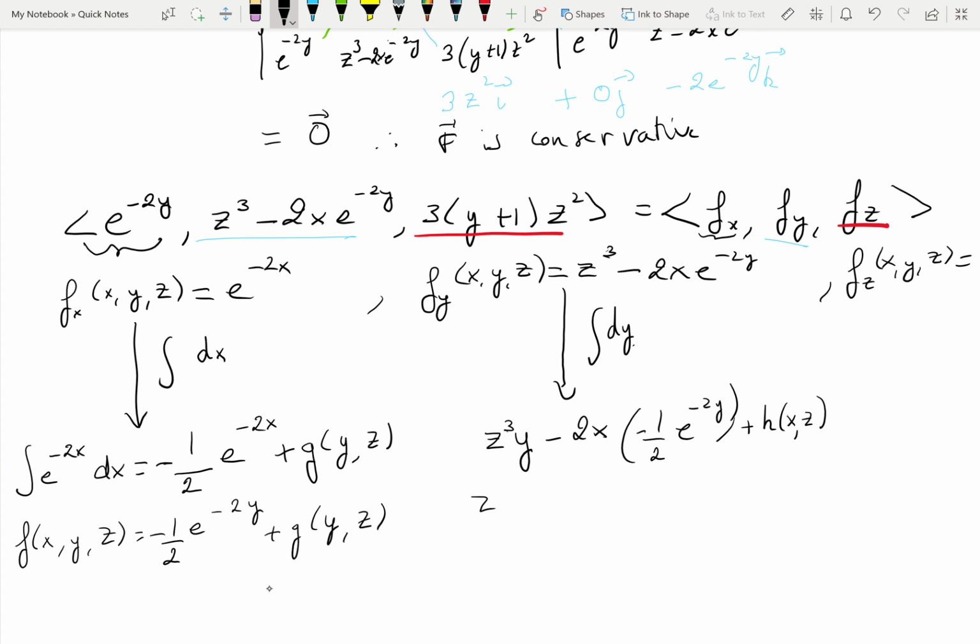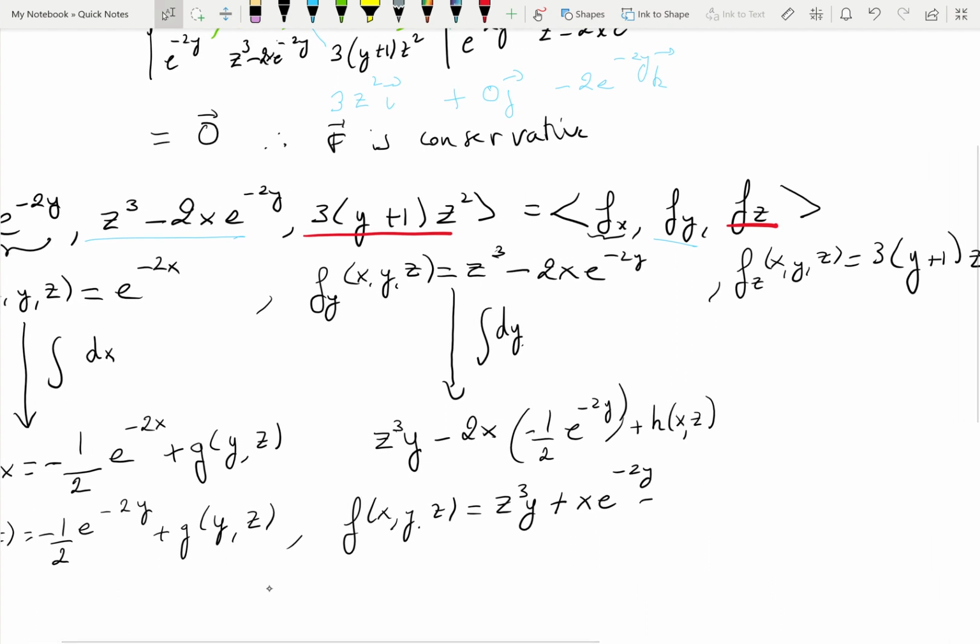So here minus becomes positive, 2 and 2 cancel, so it's going to be x e to the minus 2y plus a function of x and z.